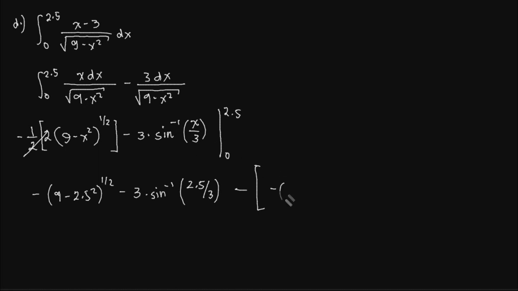So we have negative 9, so that becomes 9 na lang, and then raised to 1/2 minus 3 sine inverse of 0. Okay, and this should be your answer.